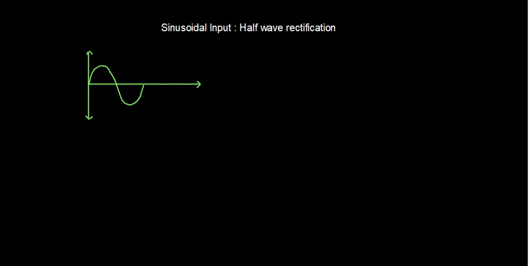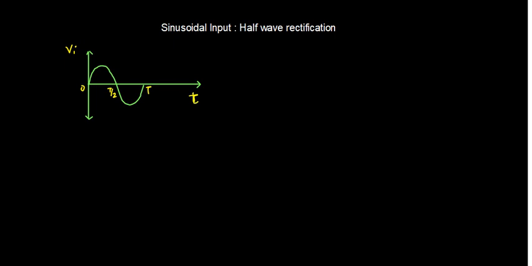where this vertical axis is voltage V input, and this one is time. Only one cycle is shown over here. So this is T by 2 and this is the total time period T. This one is small t.